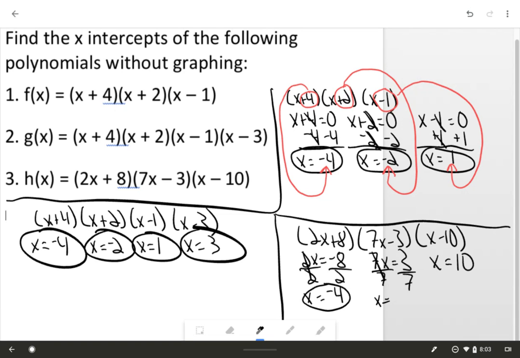So use a calculator if you need to. And it comes out to approximately 0.43. So that's your second x-intercept, and your third x-intercept we had already found was 10. So finding the x-intercepts in factored form just got a little bit easier because we can now use that shortcut.